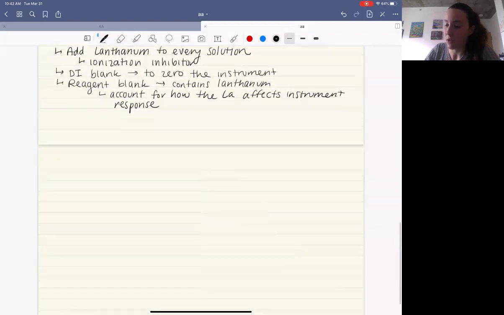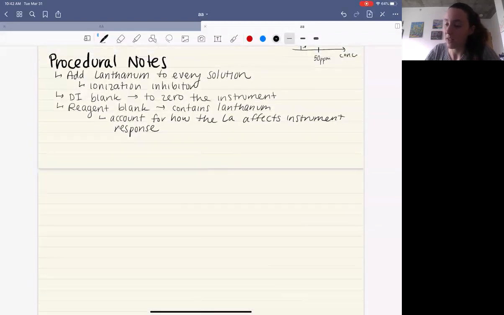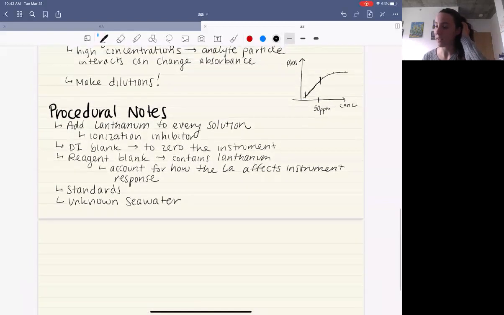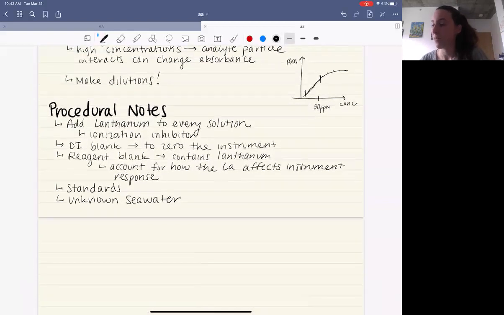Okay, you'll also be making a series of standards, and you will have your unknown seawater. Relating back to this idea of the linear dynamic range, we need to make sure that all the standards we make are within that range, and our seawater is also within that range.